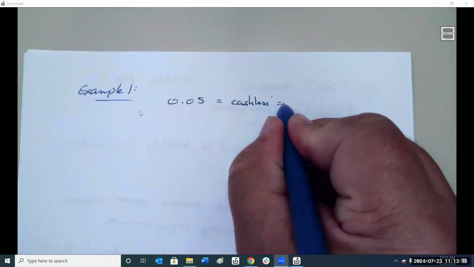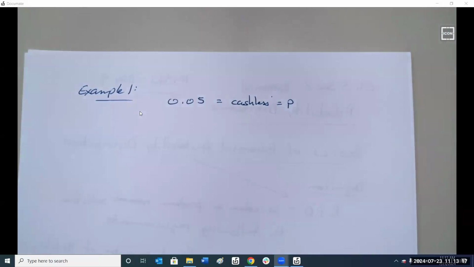So this is going to be our success. That's going to be our little p. And then we ask, does this procedure result in a binomial distribution? If it does, identify the values of n, x, p, and q.